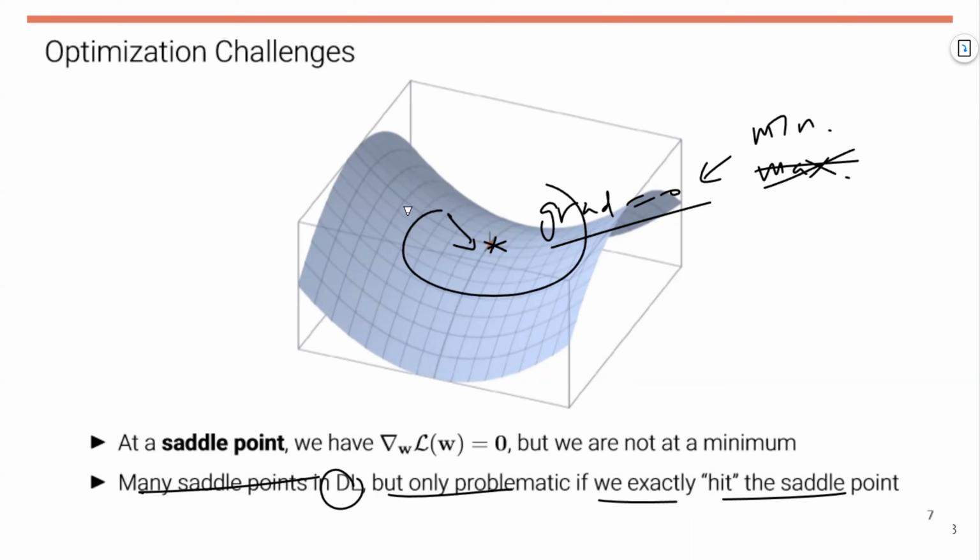There are many points around here, and you can't exactly settle at this point. And somehow you might settle here, here, or here. Then you can get some gradient and move towards the minimum.